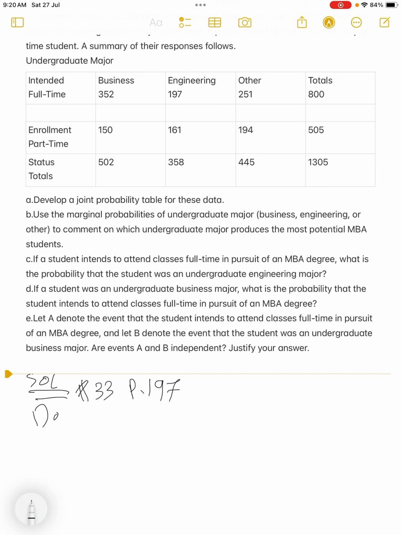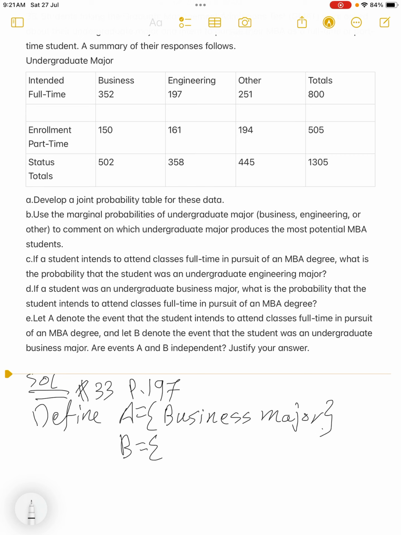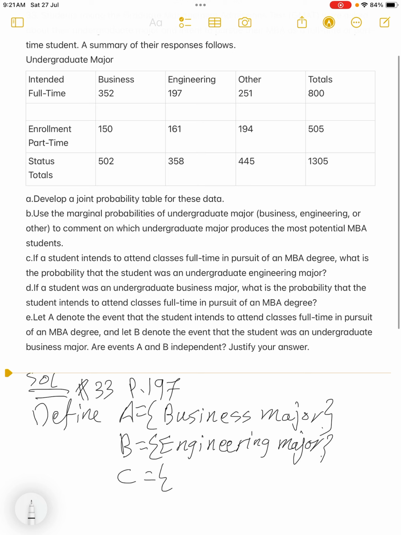Let us define A as business major, B as engineering major, and C as other majors.